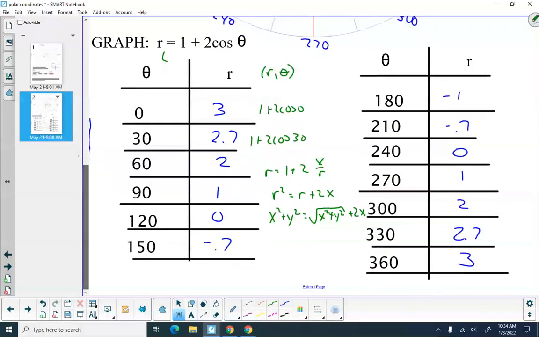In an xy coordinate system, this equation would be x squared plus y squared is equal to the square root of x squared plus y squared plus 2x. If I take a look at the complexity of this equation compared to the complexity of this equation, this is a lot easier to work with than dealing with a lot of square roots and a lot of squares. It's a lot cleaner to work.